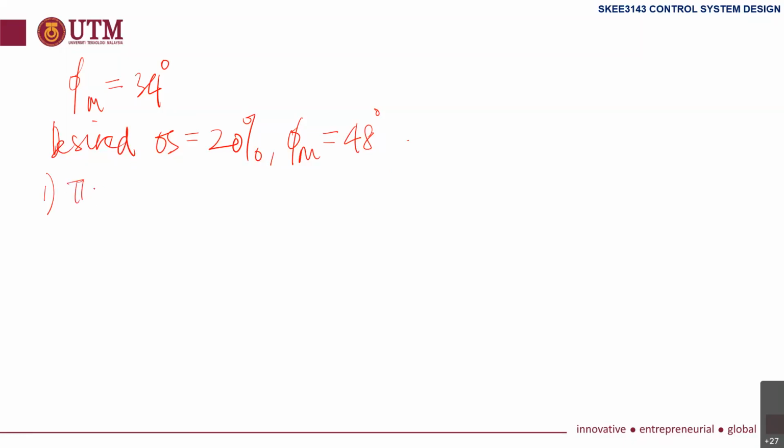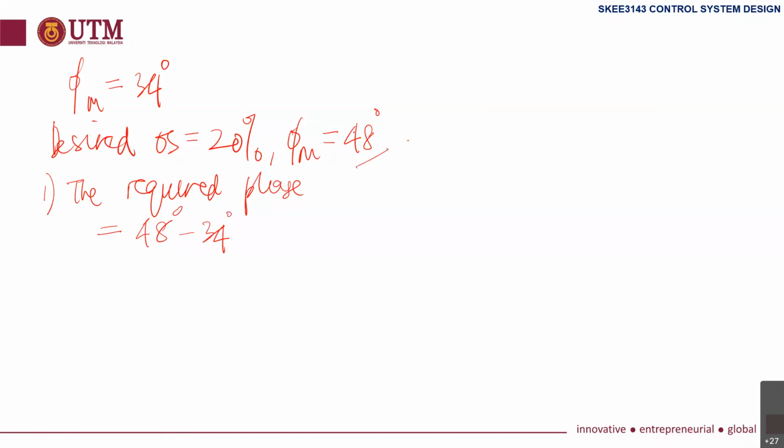The required phase is obtained by subtraction: 48 degrees is the required phase margin minus the original phase margin.